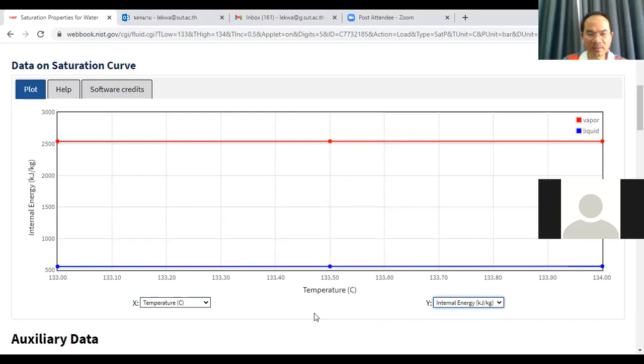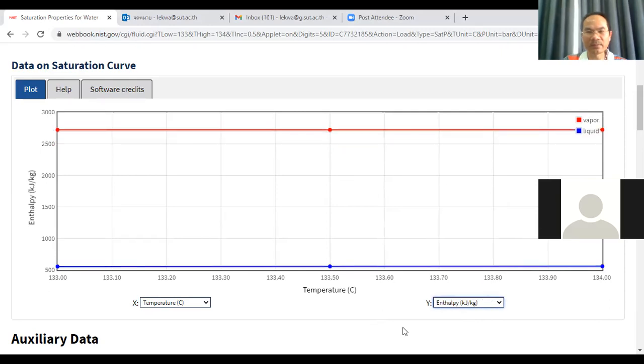You check with the steam table. Okay, it's close together. And the last one that we would like is enthalpy. For this case, we calculate at 133.5. 2,774. Okay, correct. You can use this to estimate the steam table.